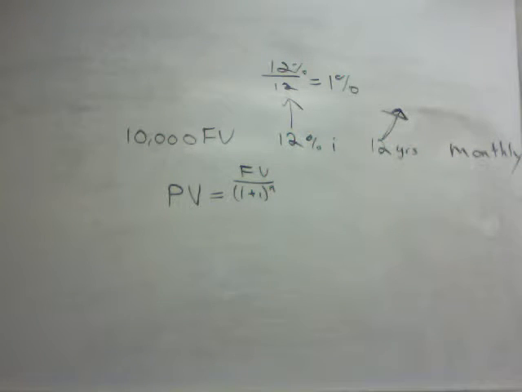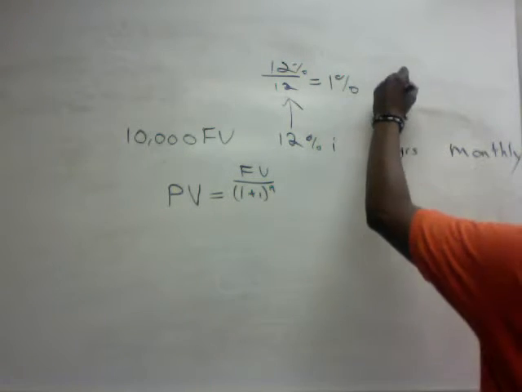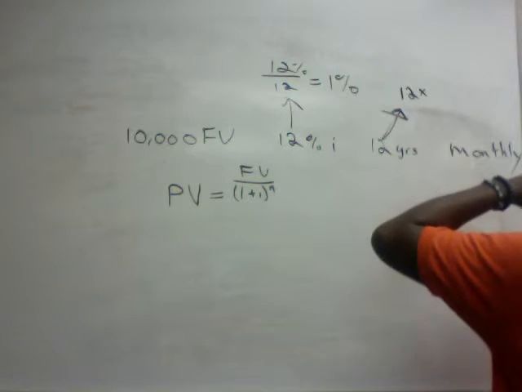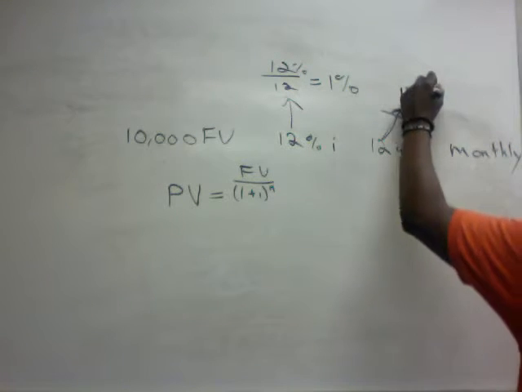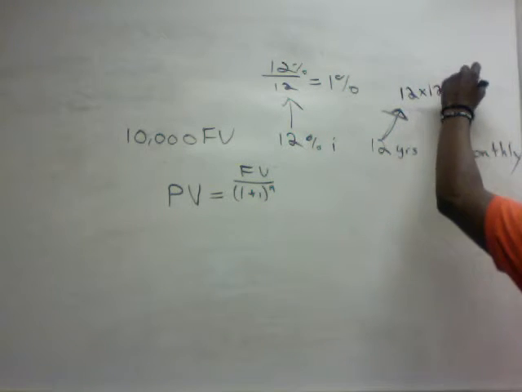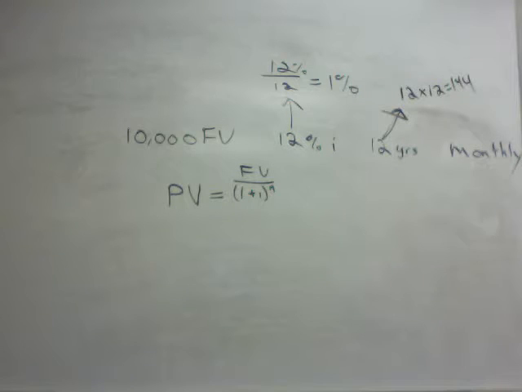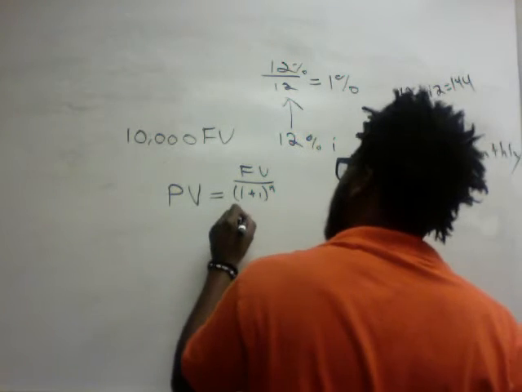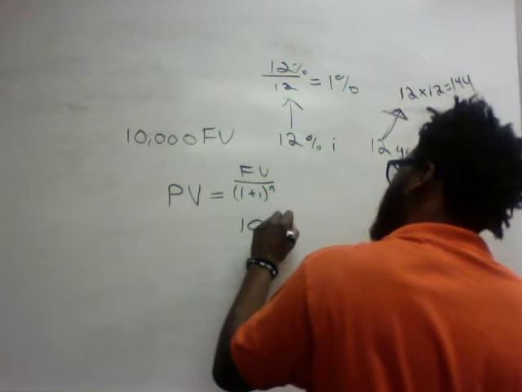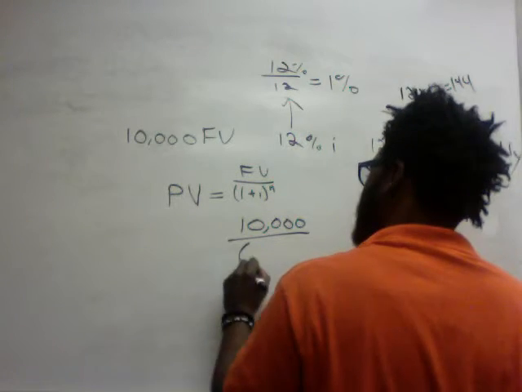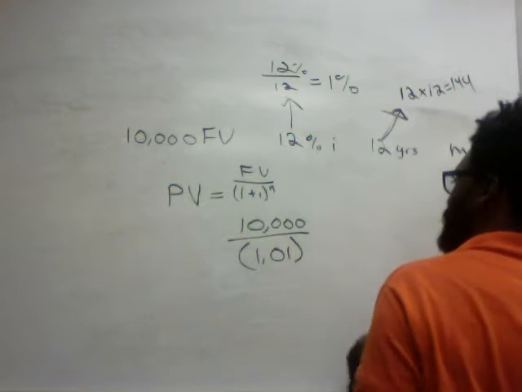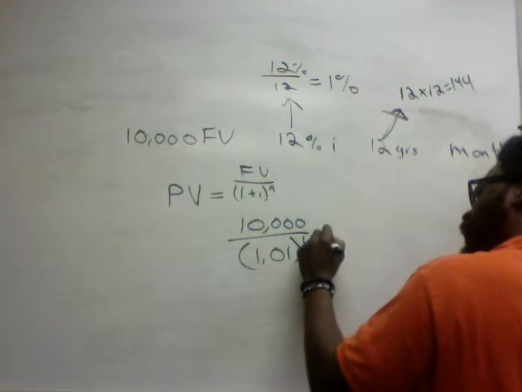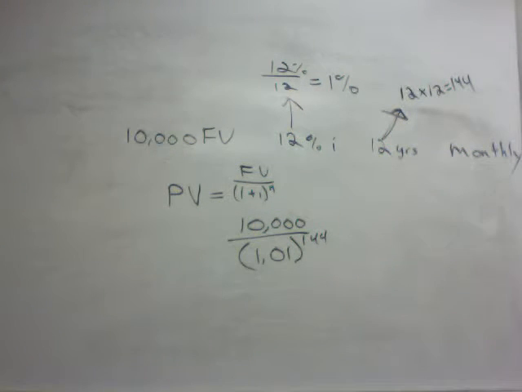In every 1 year, interest is occurring 12 times, so we multiply that times 12, which will give us 144. Now we can plug in our numbers: 10,000 is the future value, divided by 1.01, the new adjusted rate, to the 144th power.